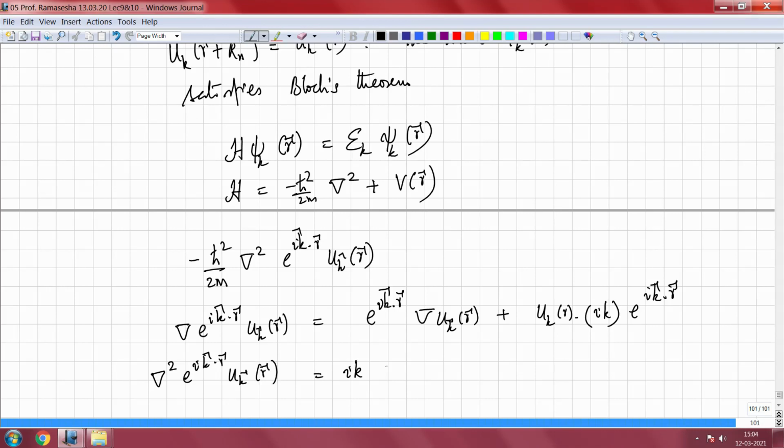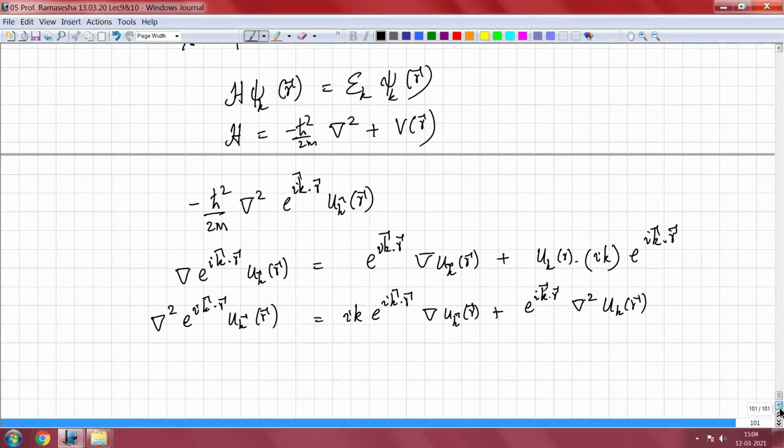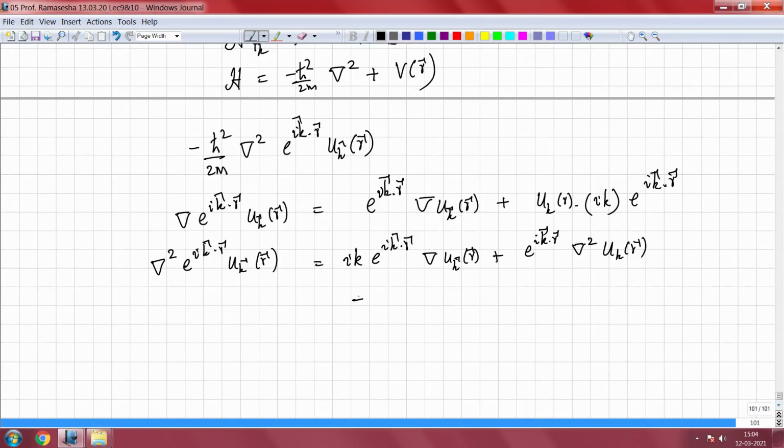So, I will get i k e to the i k dot r del u k of r plus e to the i k dot r del squared u k of r plus i k e to the i k dot r del u k of r plus minus k squared u k of r e to the i k dot r.